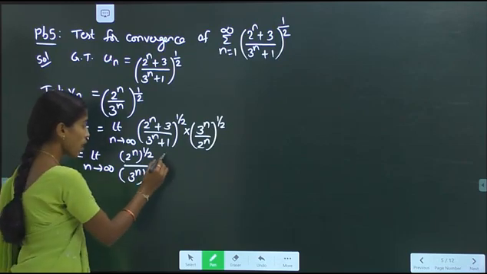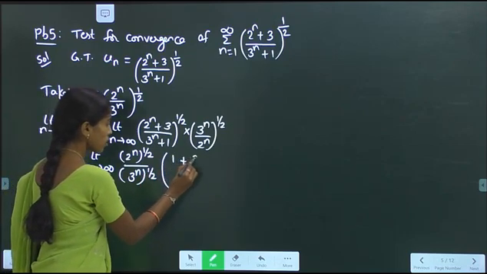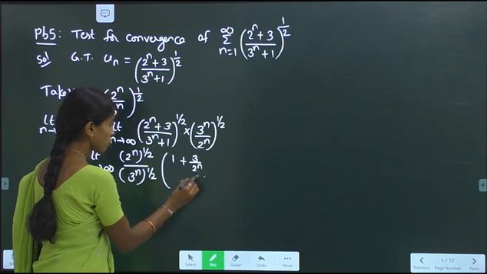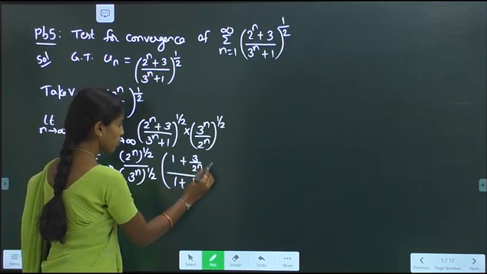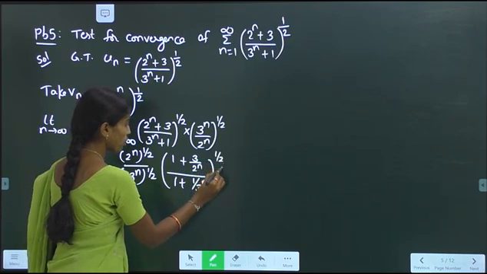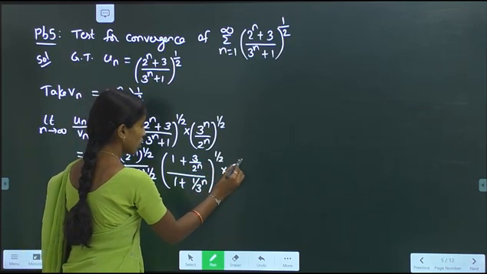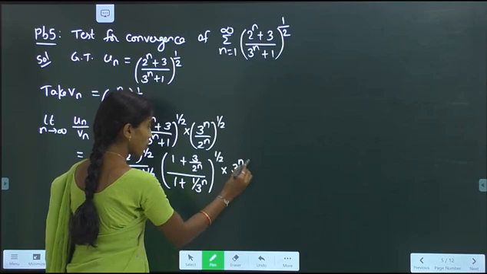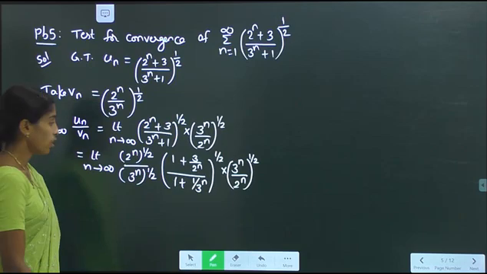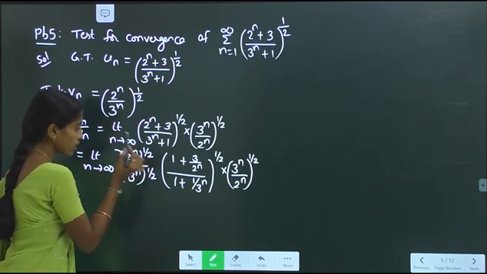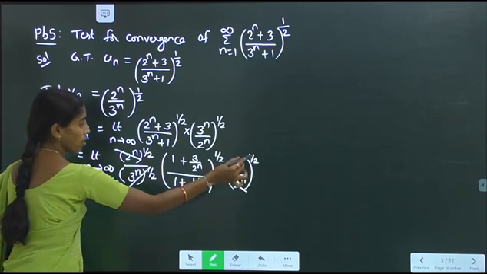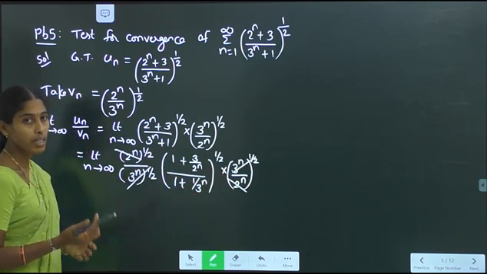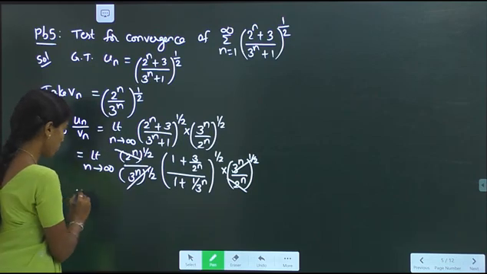So after that, 1 plus 3 by 2 power n by 1 plus 1 by 3 power n, whole to the power 1 by 2, into 3 power n by 2 power n whole to the power half. Right? So 2 power n whole power half gets cancelled with this one, and 3 power n whole power half cancels with this one. Now apply n tends to infinity.